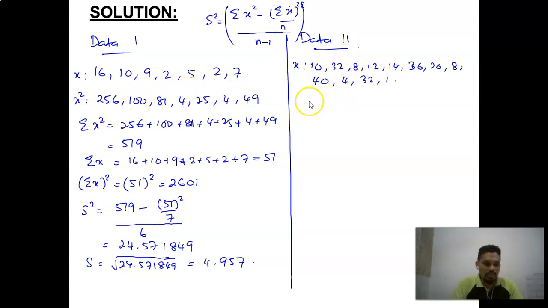So I will come straight to the solution. I leave a space here for you to fill in x squared, the summation of x squared, the summation of x, and the square of the summation of x.